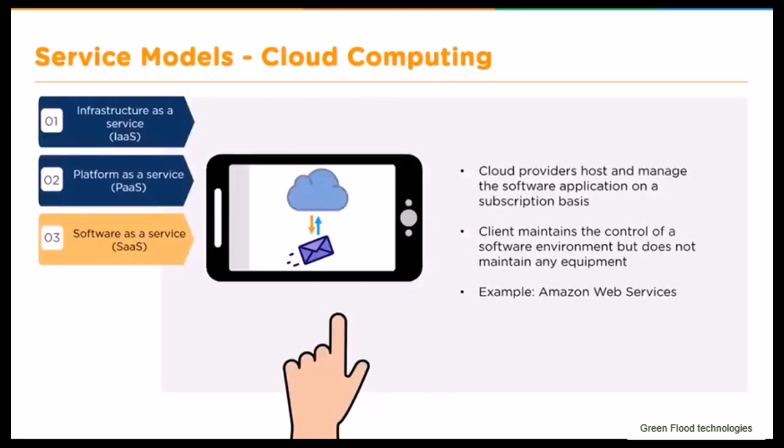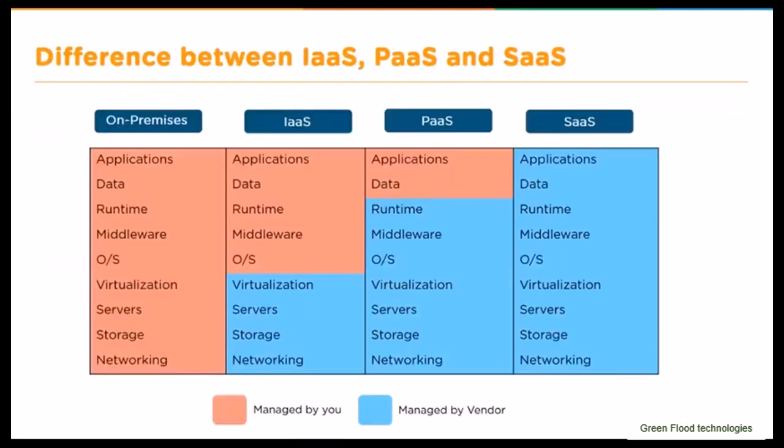The difference between infrastructure as a service, platform as a service, and software as a service is shown here. On the left side, on premises, everything is managed by you. In infrastructure as a service, the applications, data, runtime, middleware, and operating system are managed by you, the users.